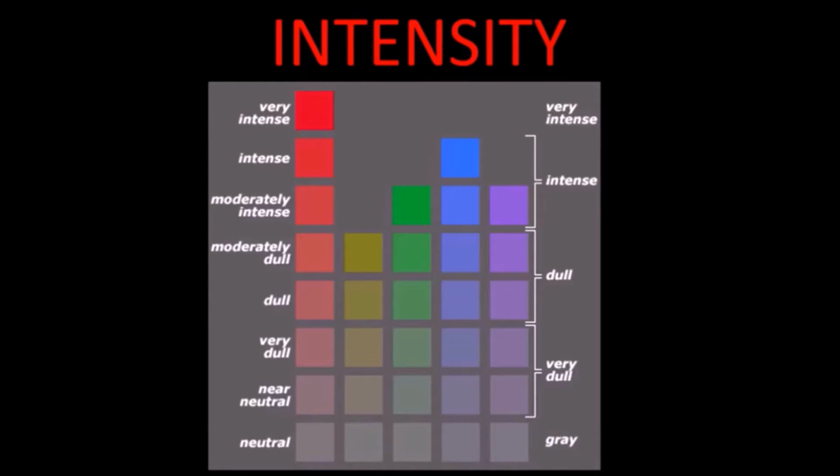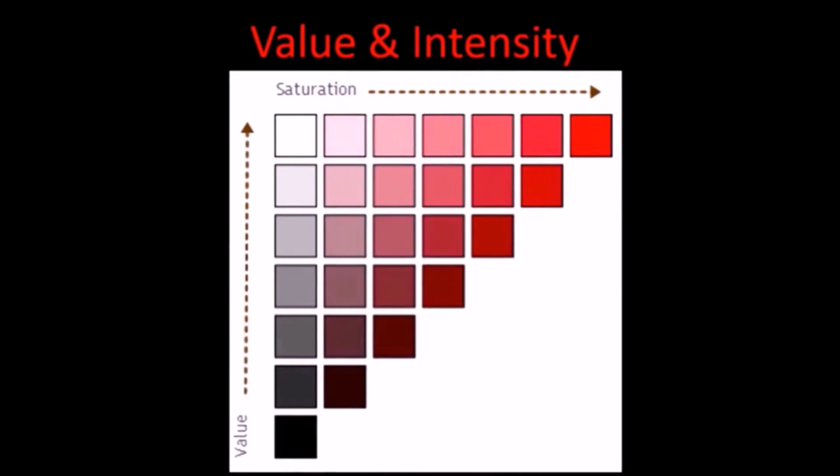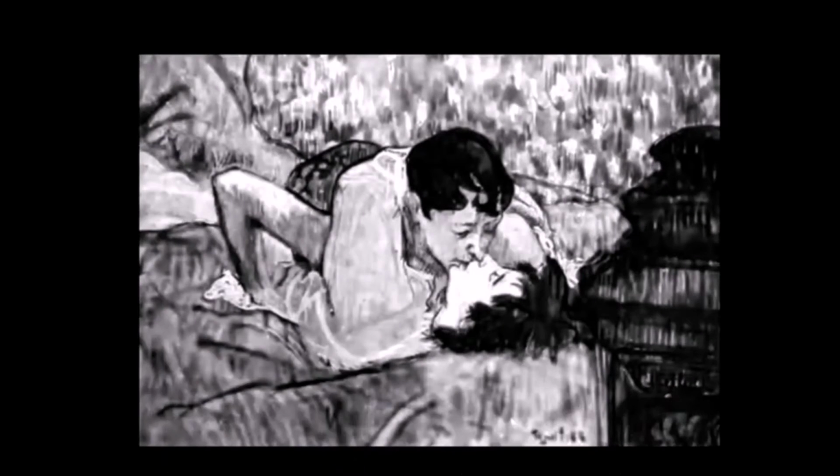Intensity, also called saturation or chroma, is the relative purity of color from bright to dull. Coming back to Toulouse-Lautrec's The Kiss, let us add in the original color. Can you tell me what type of kiss this is?